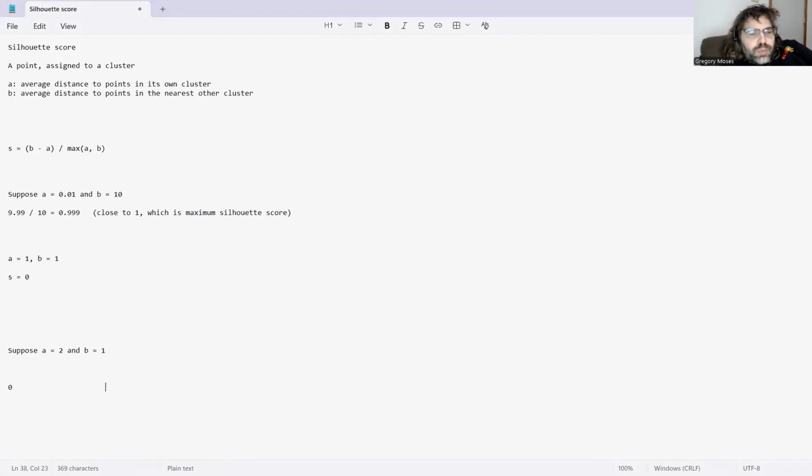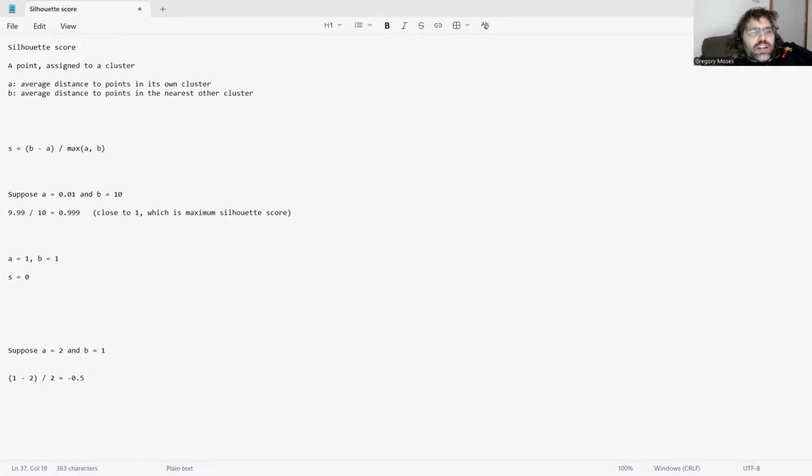So this is like if we have a cluster at 0 and we have a cluster at 10, and then we have an observation at 1, but we put 1 in with the cluster at 10 instead of the cluster at 0. B minus A divided by the maximum. This is negative.